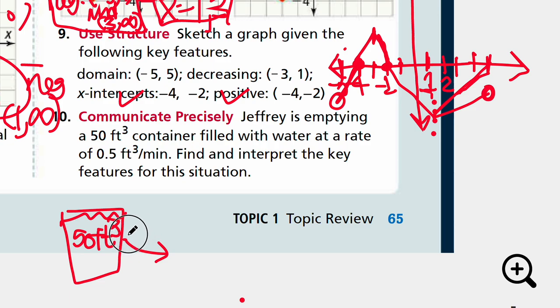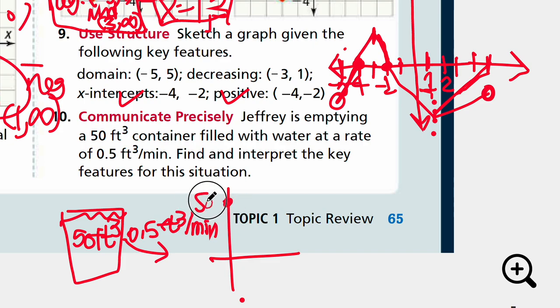At a rate of 0.5. This is a speed per minute. So if you were to graph this, you start with 50 feet cube, right? And then it keeps decreasing at a slow rate, 0.5 feet cube per minute. So every minute it decreases 0.5 feet cube, right?